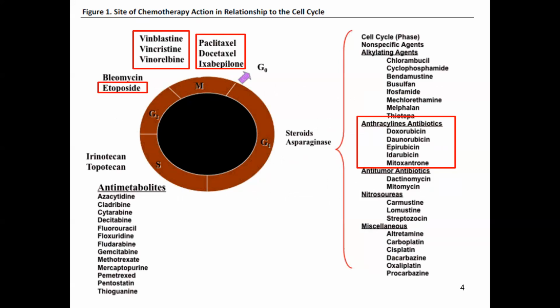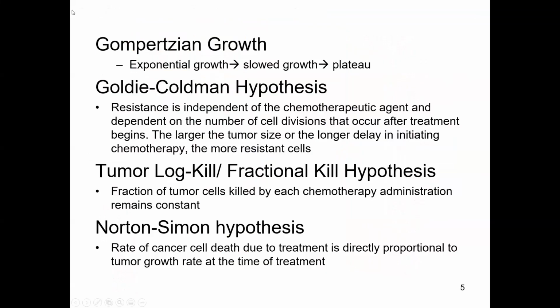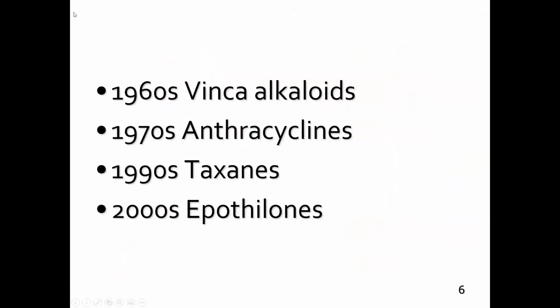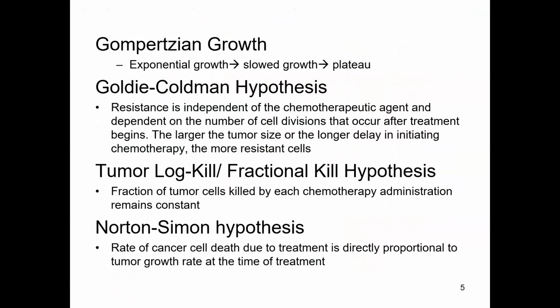S phase is obviously DNA synthesis, and G2 is microtubules and structures necessary for mitosis. So different drugs work on different phases, and even within certain drugs, they don't work equally in all different phases.